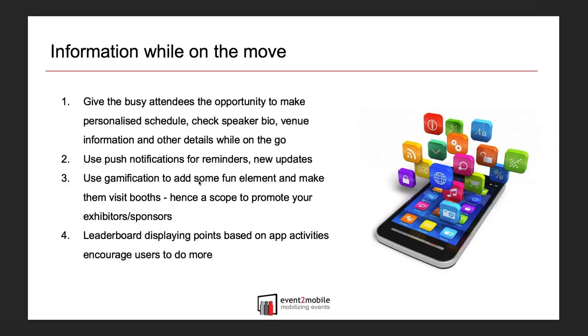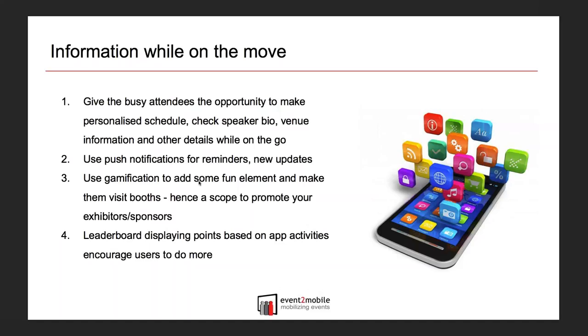If I'm a member of an association and I go to an event for a specific reason, say I'm there to learn about certain topics that I thought that association event should be covering, and I am not even able to find where those sessions are or when those sessions are, and I'm just running around like a headless chicken throughout the event trying to figure out which session I have to go to, that kind of doesn't add that much value to my time spent away from my busy schedule at work.